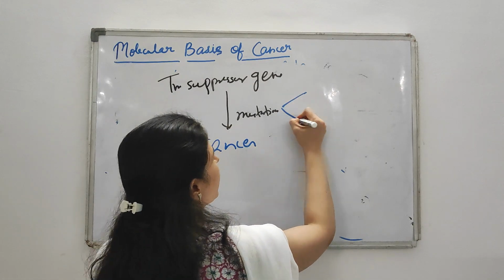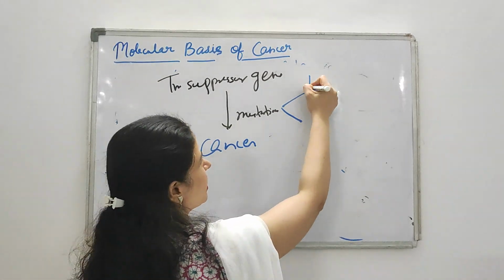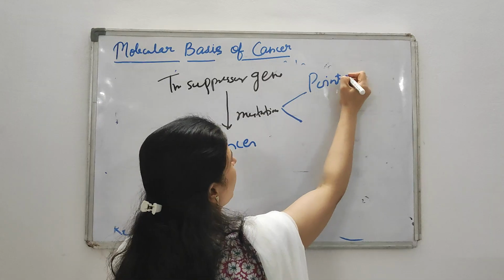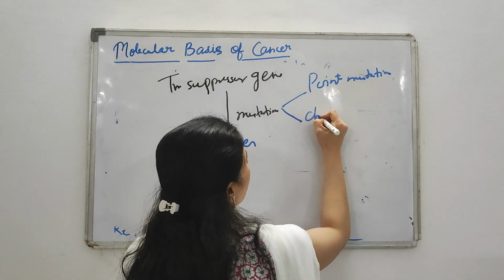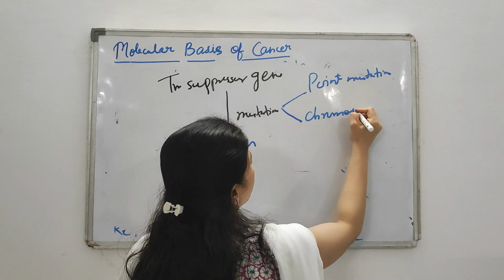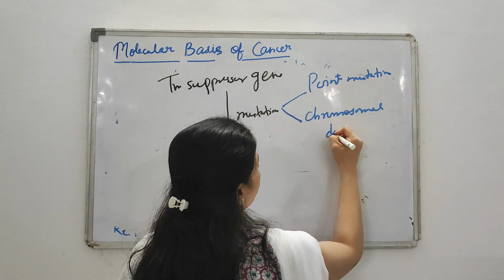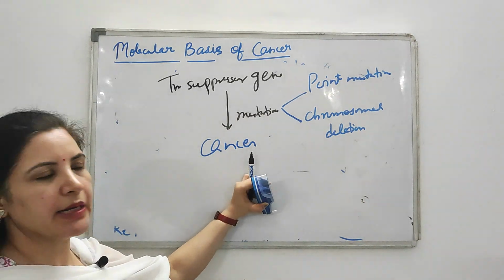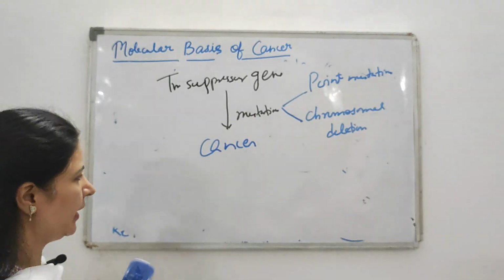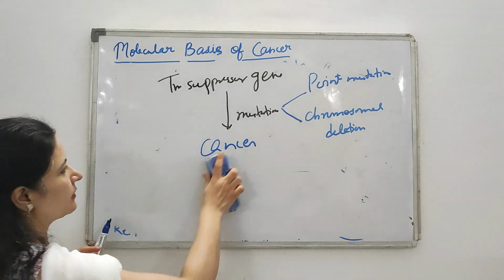Two types of mutation are most common in tumor suppressor genes: point mutation and chromosomal deletion.